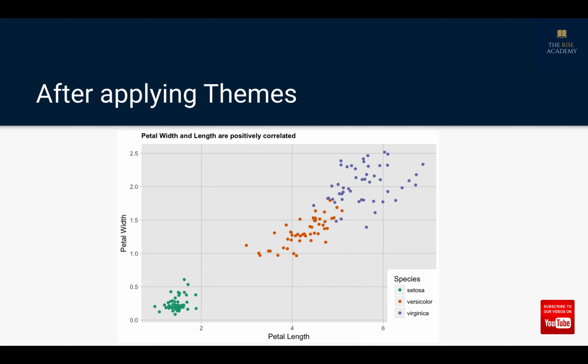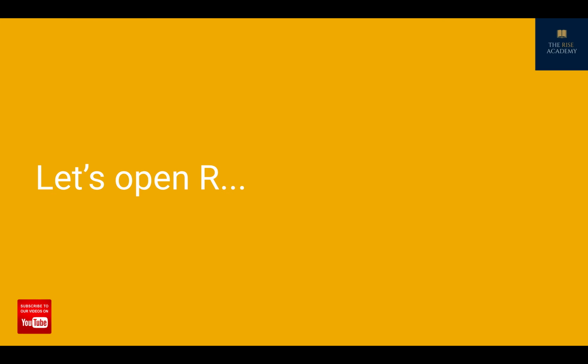We have our legend. We have a plot title, right? And these are just a few of the adjustments that you can make using the options available in ggplot2 and themes, but there are actually so many options, and you can go ahead and explore them further. But let's now open R quickly and look at the code that we need to create this kind of a plot.